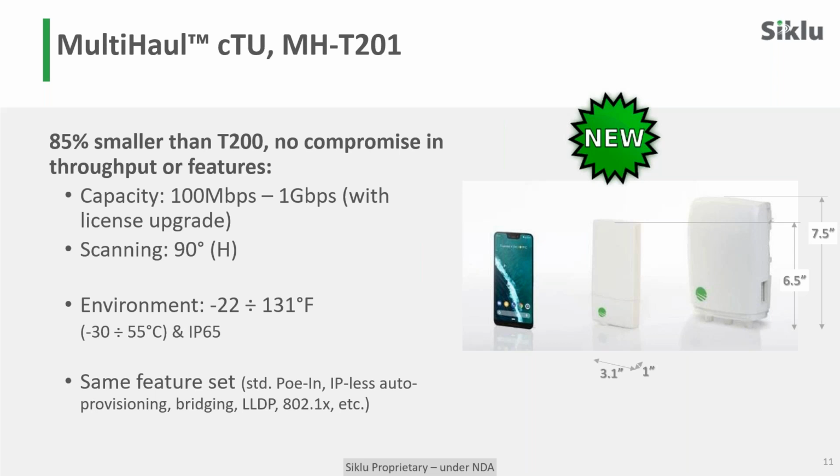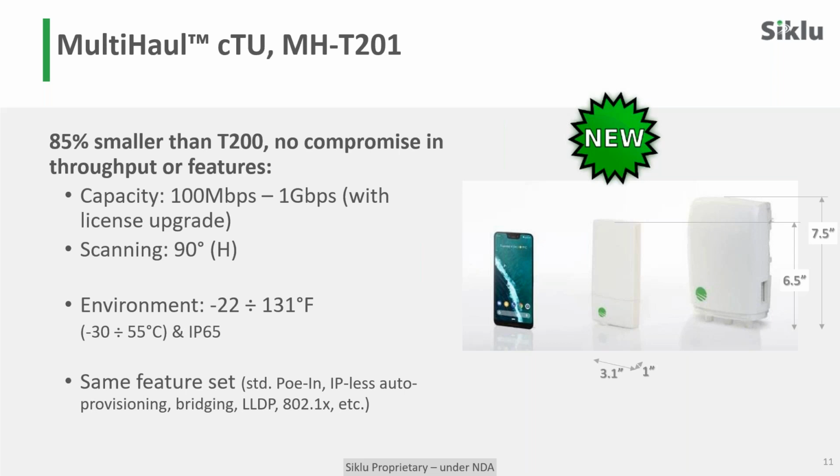I just would like to draw attention to the auto provisioning, which basically means that all the profile of a terminal unit can be stored in the base unit in advance of the deployment of the terminal unit. When the field technician arrives to the deployment, they just power up the terminal unit. It will connect to the base unit, and the base unit will download the profile to that specific terminal unit according to what it was set from the NOC.